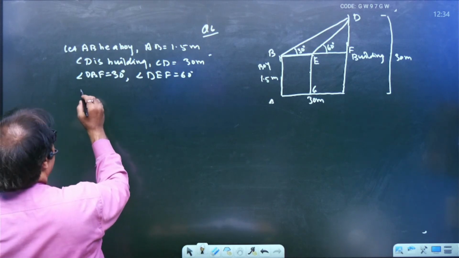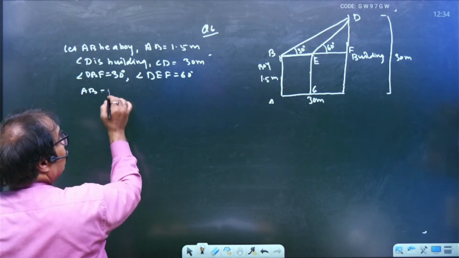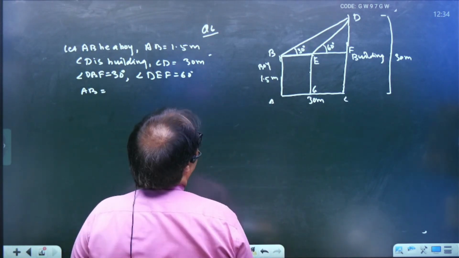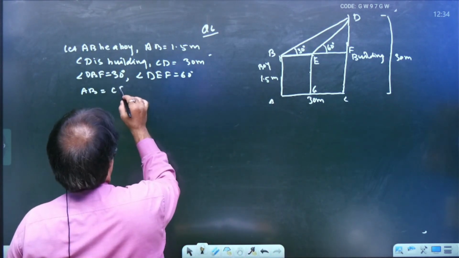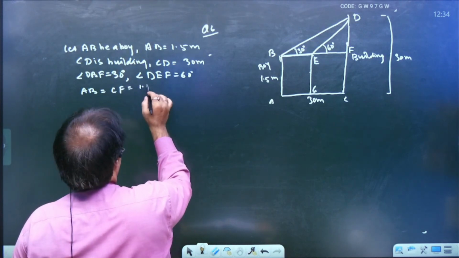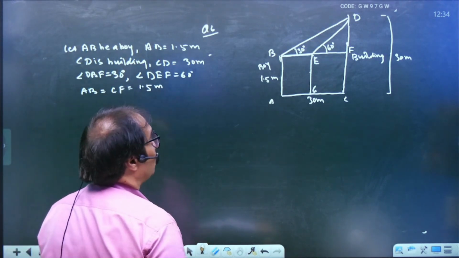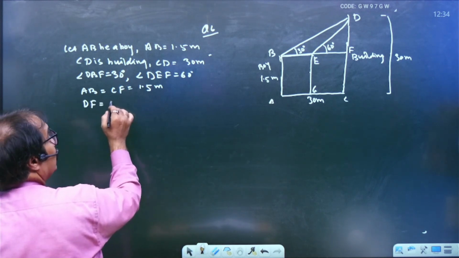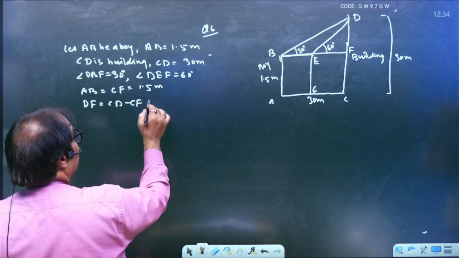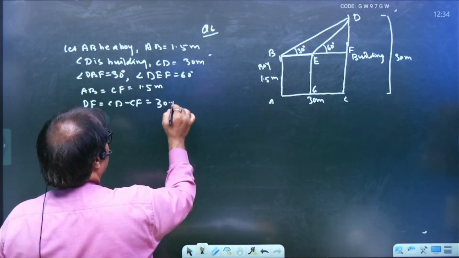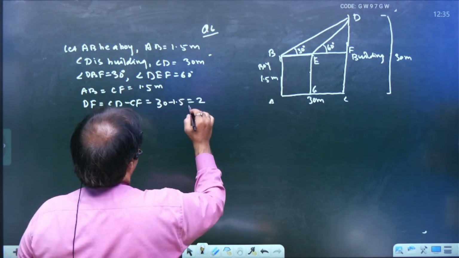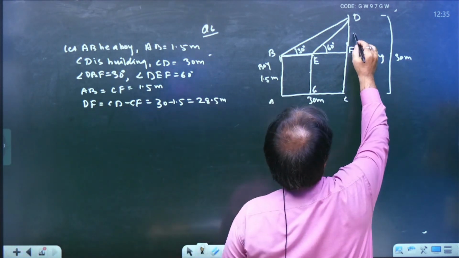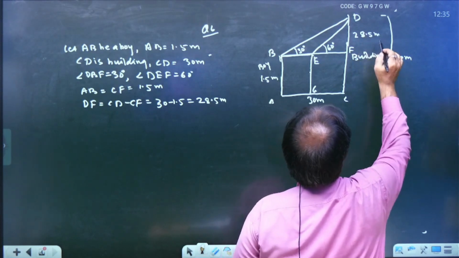Since AB is equal to CF is equal to 1.5 meter, what about the length of DF? DF is equal to CD minus CF, that is 30 minus 1.5, that is 28.5 meter.